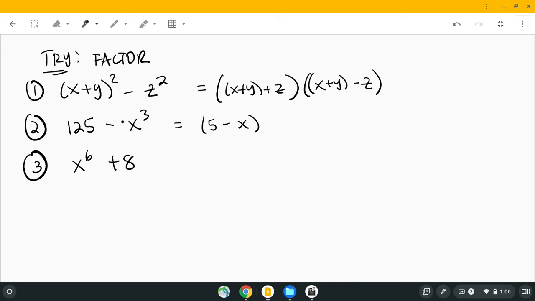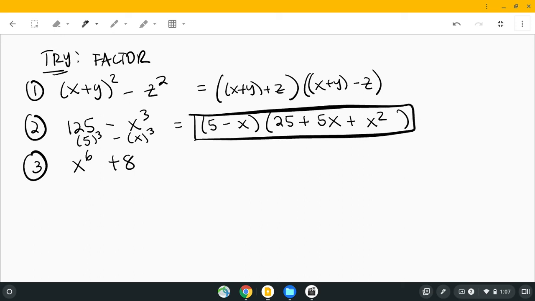So you need to make sure that if this here is 5 cubed and this here is x cubed, that the 5 goes first and the x goes second, okay? And then over here, now you can derive the trinomial. So it's square the 5, and then it's plus. Take their product, so it's 5x, and then square the x.